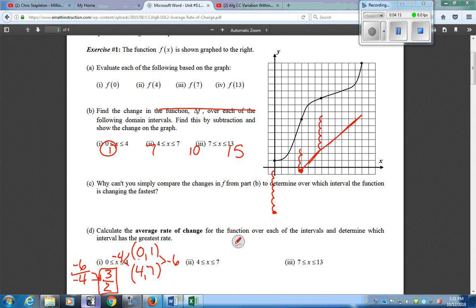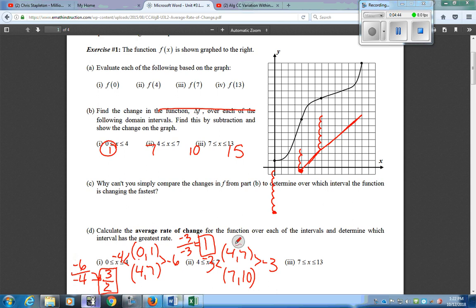So that's my rate of change, which basically means for every 3 spaces I go up, I'm going over 2 spaces. If I look at the next one, we have 4, 7, and then 7, 10. Same thing, if I subtract the x's and y's, 4 minus 7 is negative 3, 7 minus 10 is negative 3, and if I divide negative 3 by negative 3, I get 1. This is not as steep as the 3 over 2.